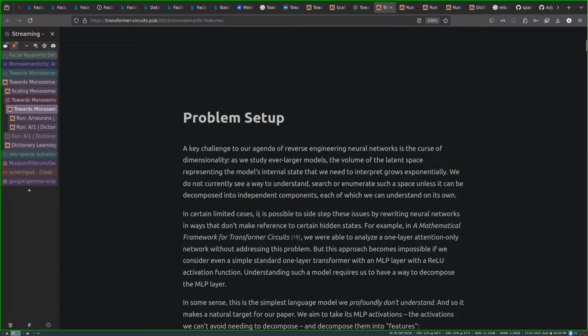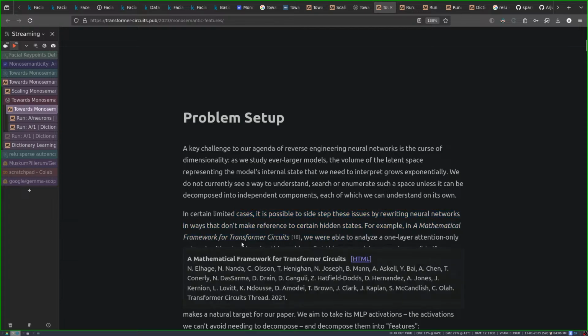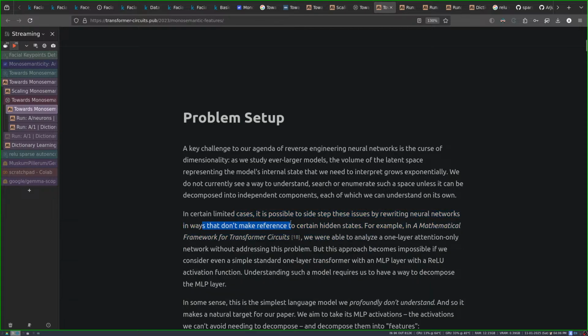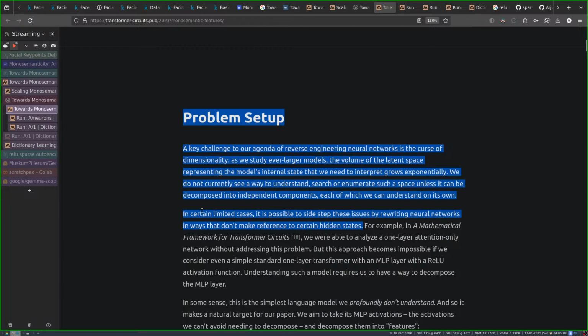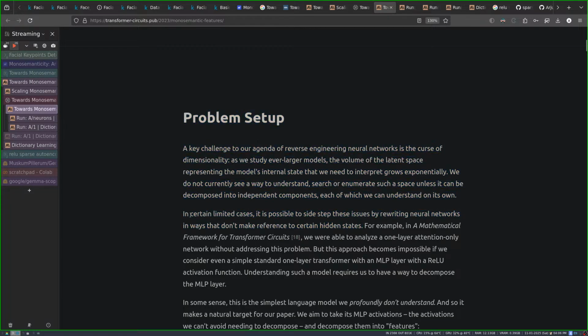In certain limited cases, it is possible to sidestep these issues by rewriting neural networks in such a way that they don't make reference to certain hidden states. For example, a mathematical framework for transformer circuits.